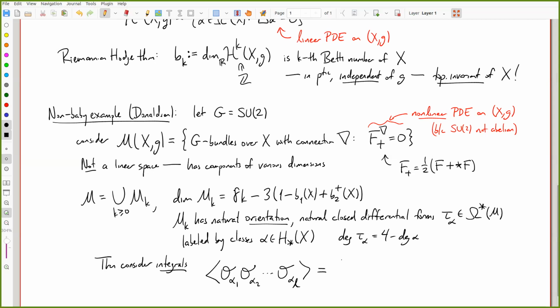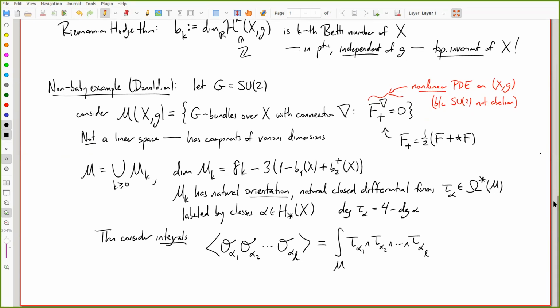That's going to be a number. And what number is it? It's the integral over the instanton moduli space of the product of these differential forms, tau alpha 1 wedge tau alpha 2, up to tau alpha L. So those are the numbers that Donaldson defined.